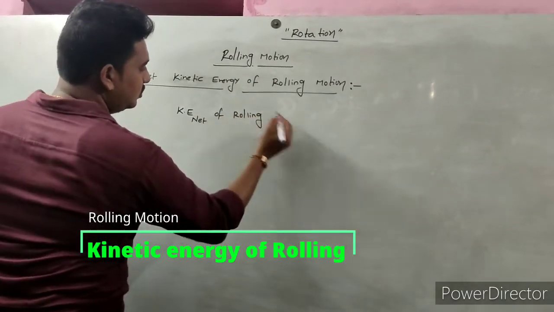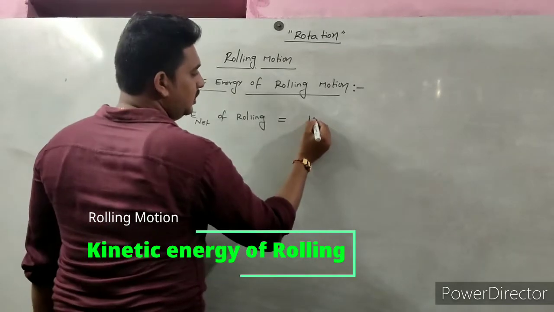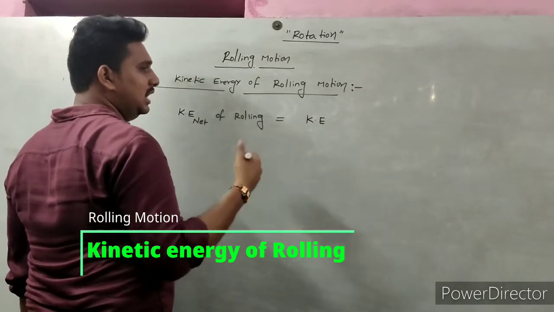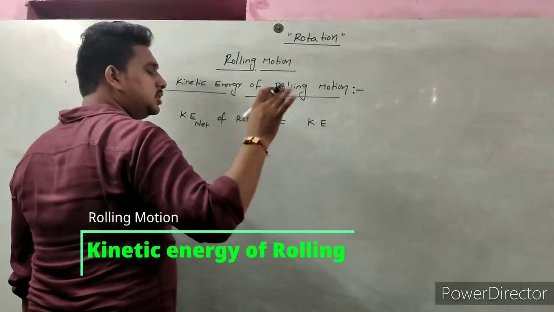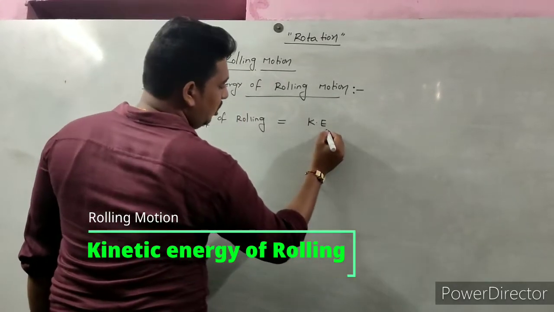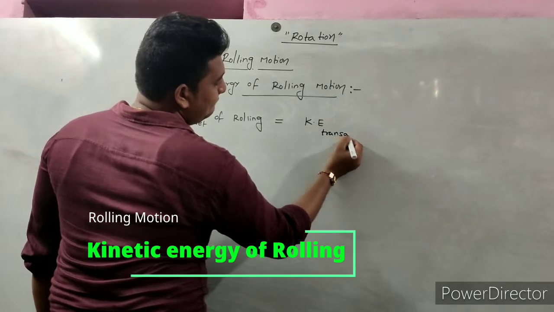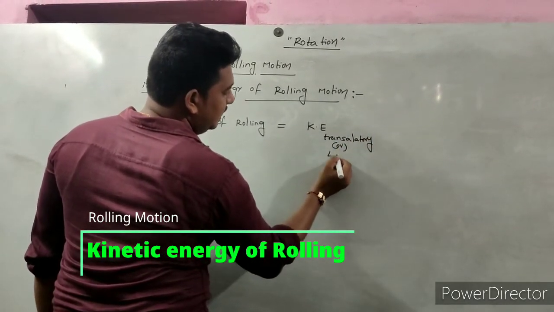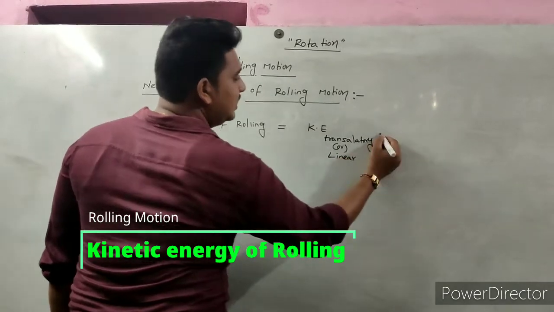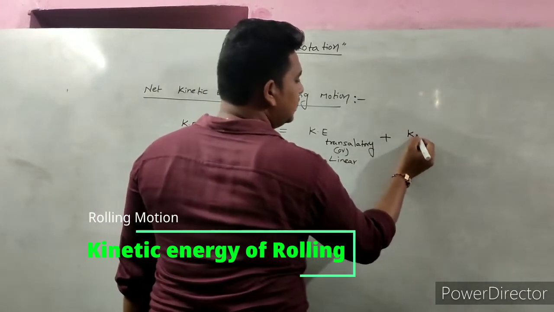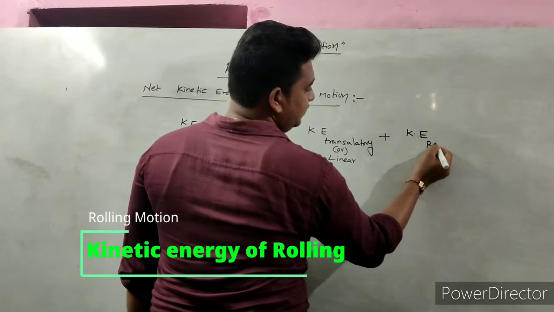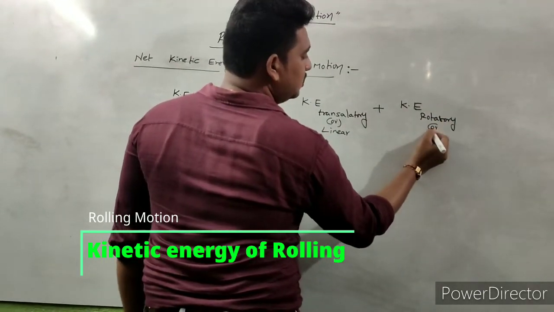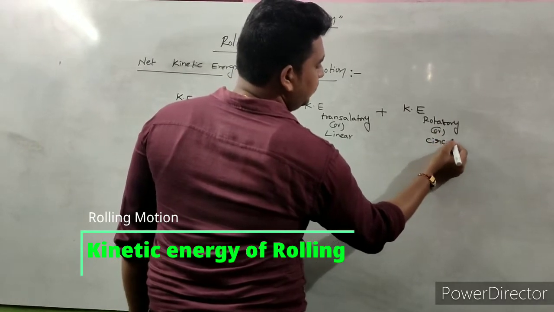Rolling is a combined effect of translatory motion and circular motion. So KE translatory or linear, plus KE rotatory or circular.